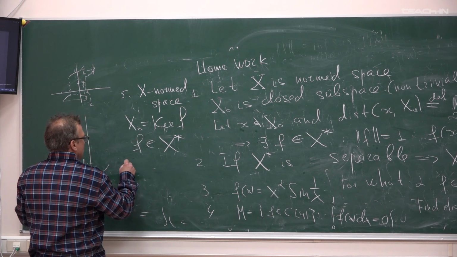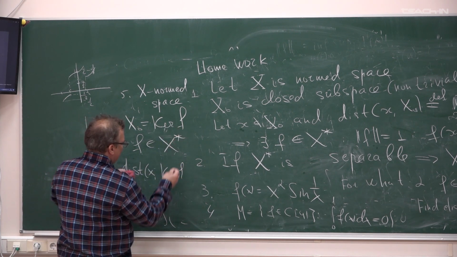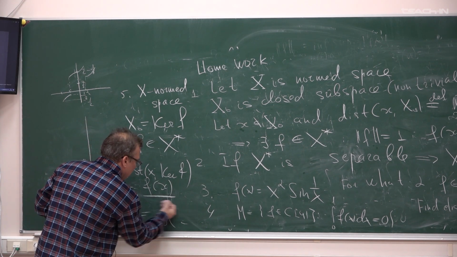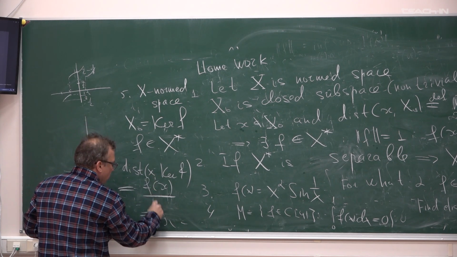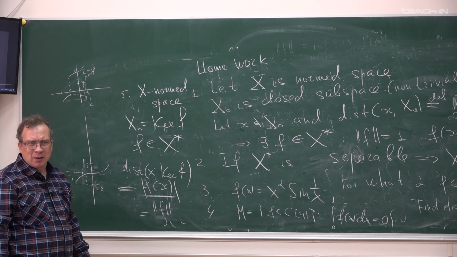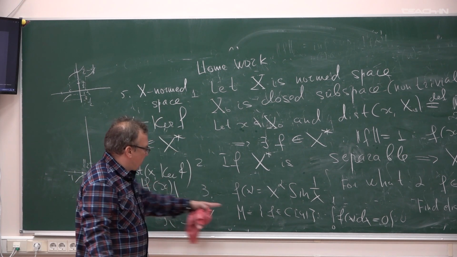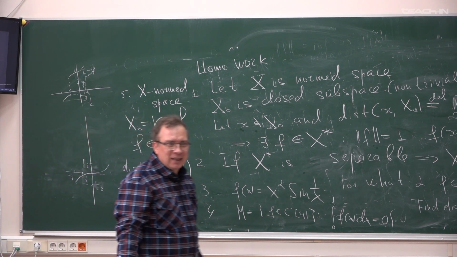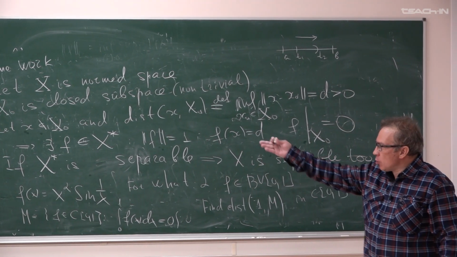And the distance from any element to the kernel equals the value of the functional on this element, divided by the norm of the functional. This may be not simple, but this is simple: to calculate the value of the functional is not difficult, and to calculate the norm of the functional.